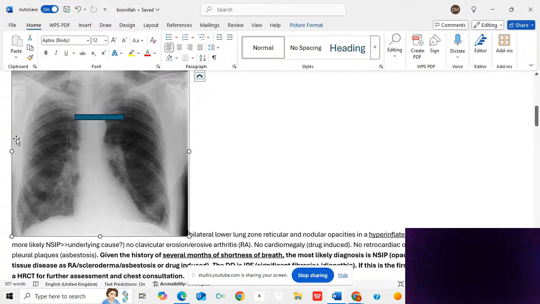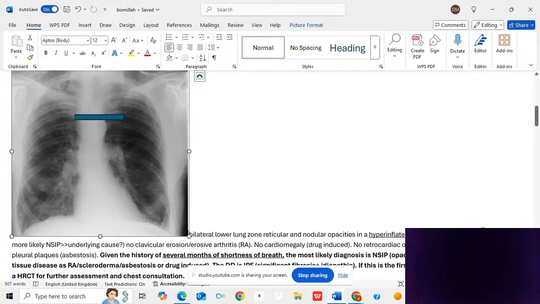But you need to comment here that the lungs are still hyperinflated. Although there are reticular opacities, the lungs are still hyperinflated with no volume loss.